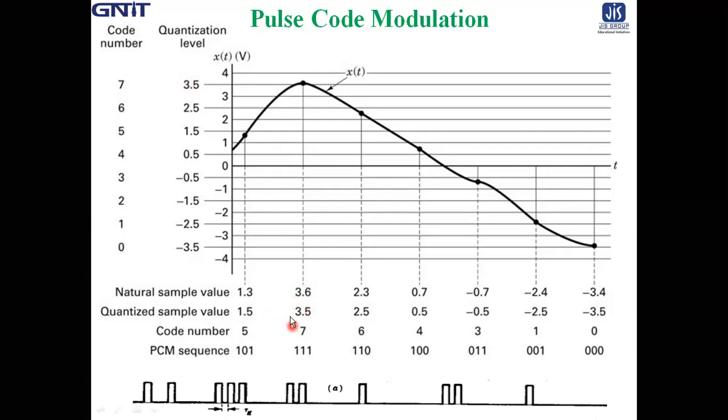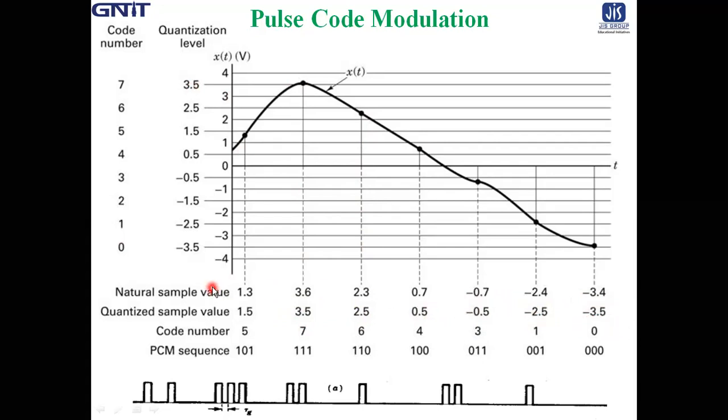For 2.3, its nearest quantized sample value is 2.5. For 0.7, it is now 0.5. For minus 0.7, it is now minus 0.5. For minus 2.4, it is now minus 2.5. And for minus 3.4, it is now minus 3.5.